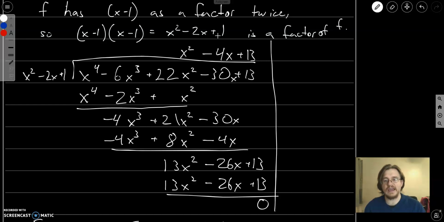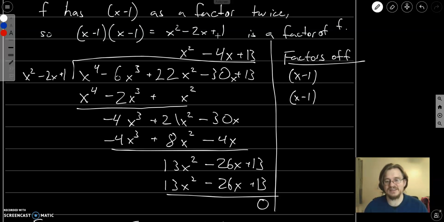So what are the factors of our function? So our factors of f, we know that x minus 1 is a factor, but it's a factor twice. And we know that x squared minus 4x plus 13 is also a factor. So ultimately, when we want to solve our function, we have these factors.